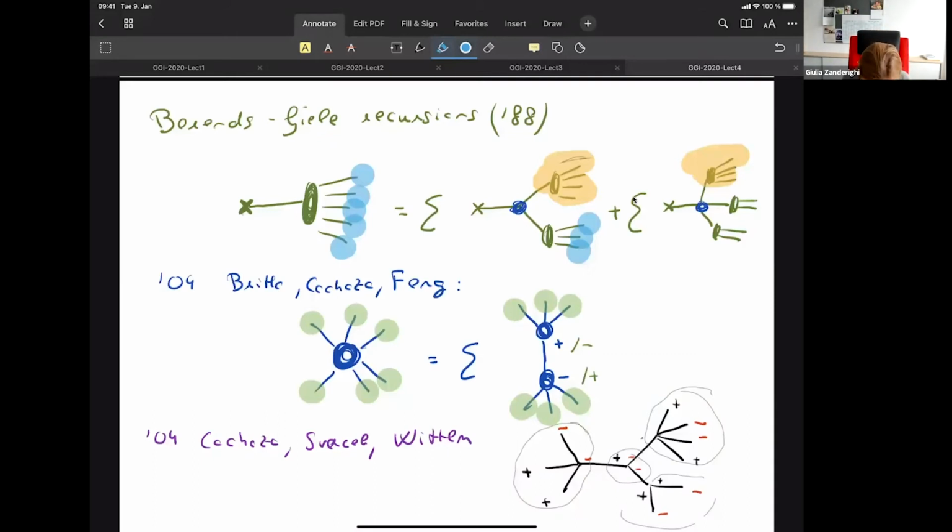However, maybe this orange can help you understand a little bit. If you look at this orange, it is supposed to be exactly the same drawing, with 4 external particles. These are really the same 4. And this block enters both diagrams that I drew here. And this block can be constructed from smaller blocks that again have this form. It's a product of currents that are always put together.